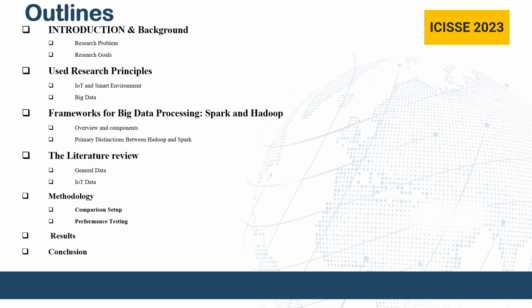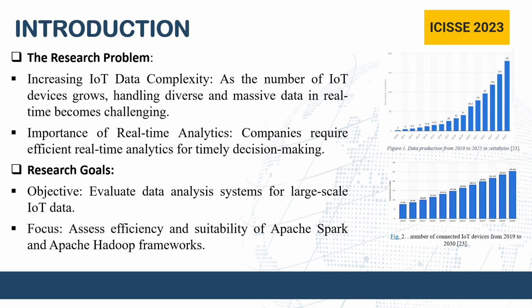Also, the literature review in general data and in IoT data. Then we move to methodology, comparison setup, and performance testing. Then we will see the results. After that, conclusion.